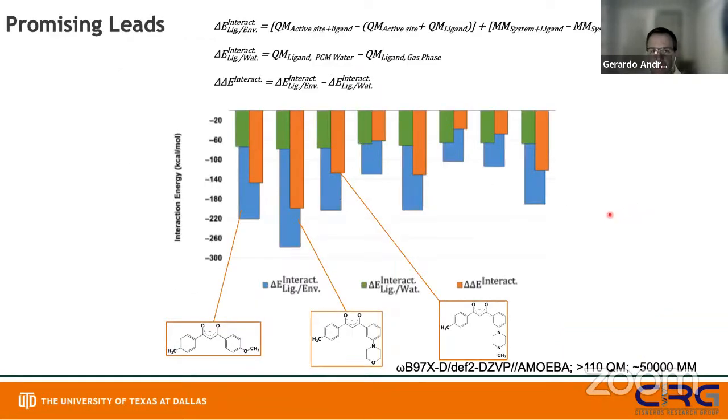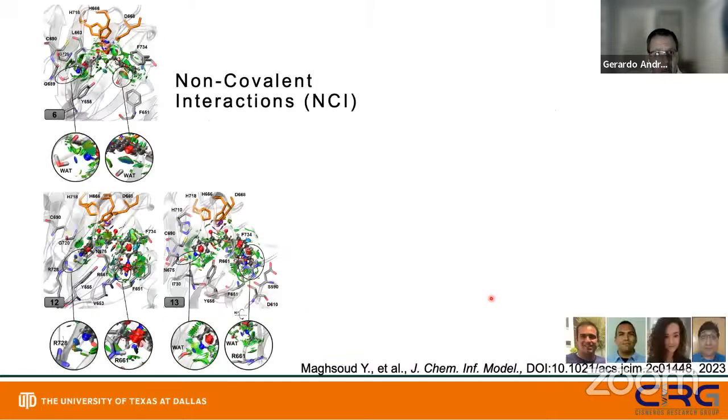We developed an approach with QM/MM to investigate the interaction between every ligand and the entire protein using polarizable QM/MM. So we use a force field that includes explicit polarization. And the ligands that have the strongest interactions with the active site were the ones that we focused on and developed experimentally.